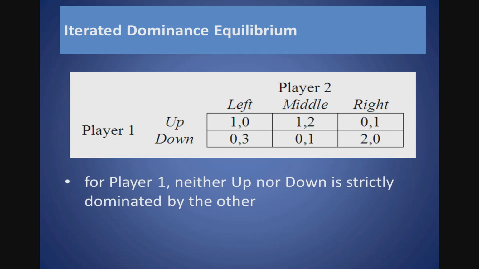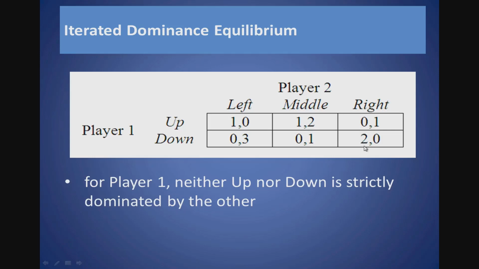Well, what would happen if he chose down? If he chose down, he gets a payoff of 0, which is less than 1, a payoff of 0, which is less than 1, or a payoff of 2, which is greater than 0. So what would player 1 choose to do? He would choose to play up if his rival chose left or middle, but he would choose to play down if his rival chose right.